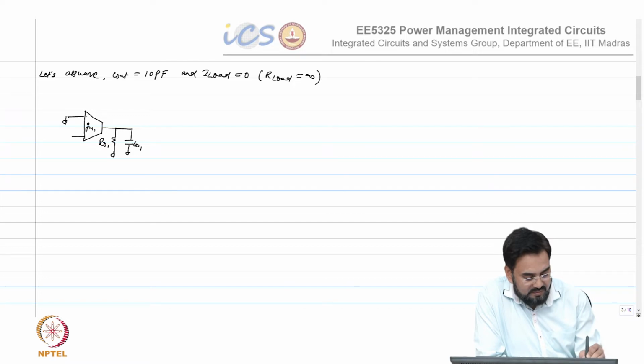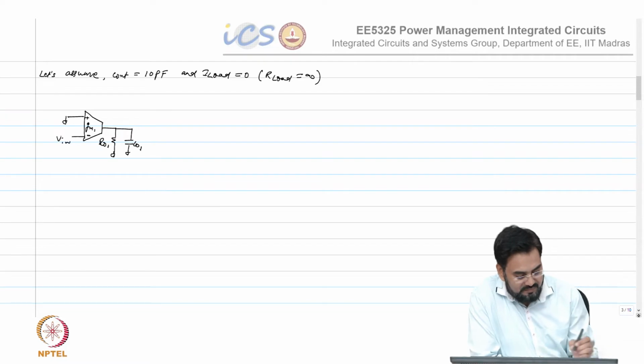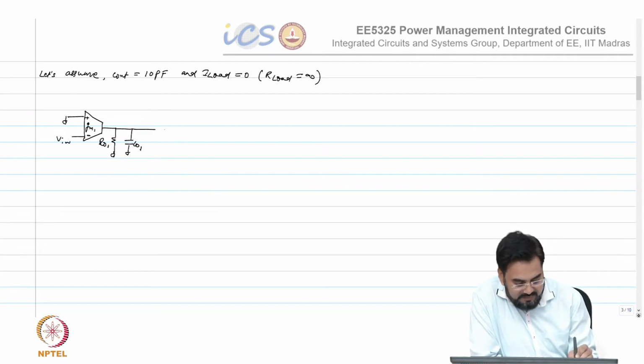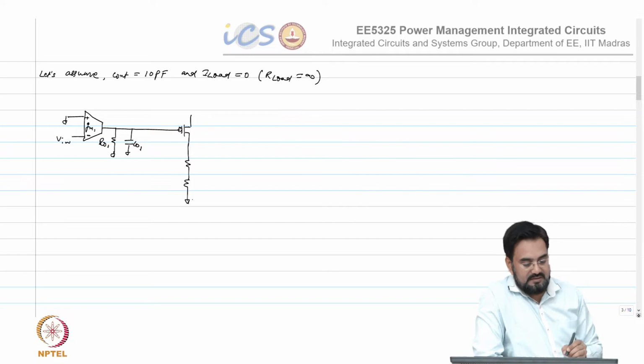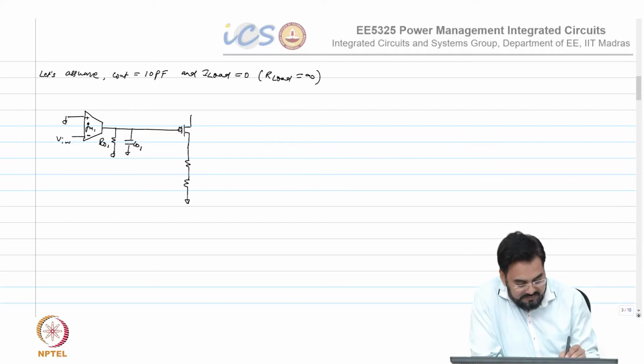This is grounded, plus minus. And then second stage you have this power FET. And now I'll consider the beta factor.